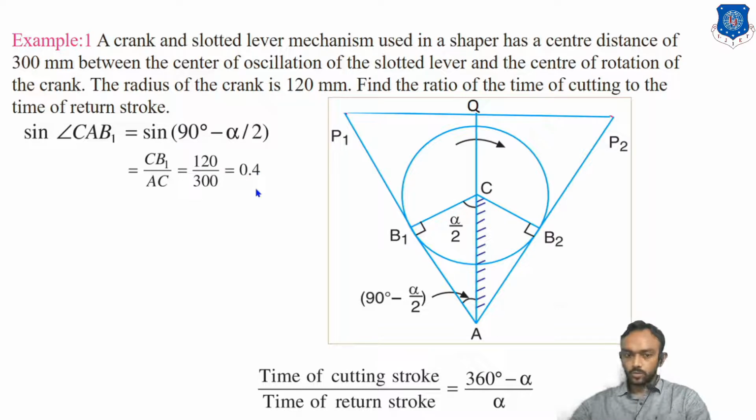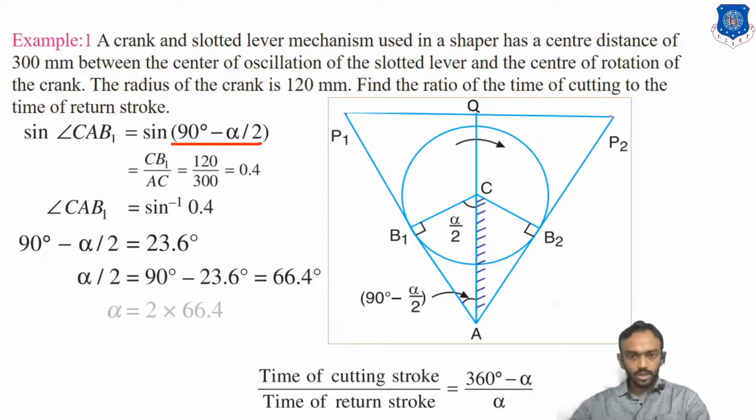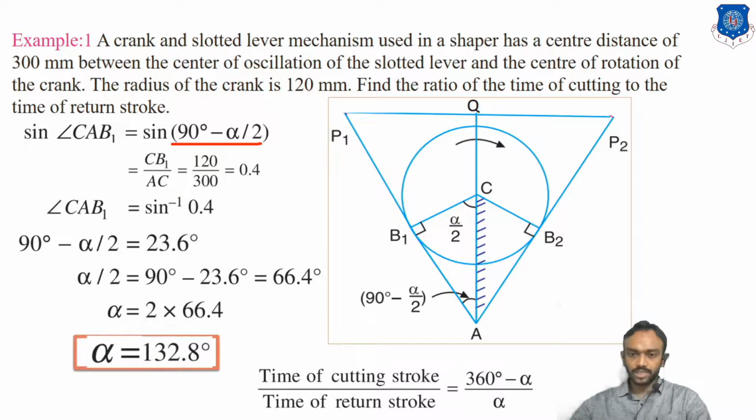So we take the sine inverse of 0.4, which is 23.6, and as you already know, this angle is (90 minus alpha) by 2. So 90 will come to this side and we find alpha. The value of alpha is equal to 132.8.